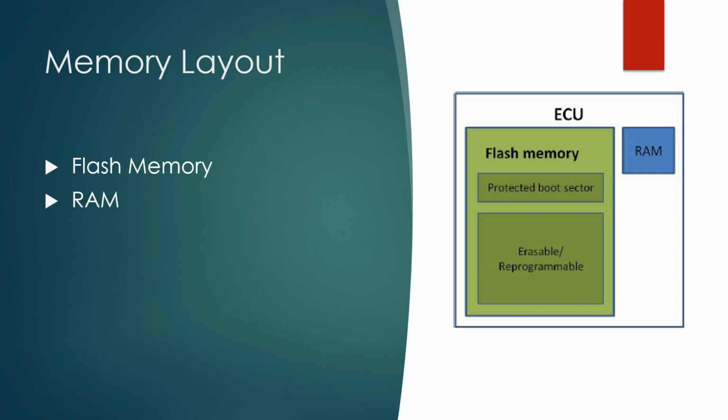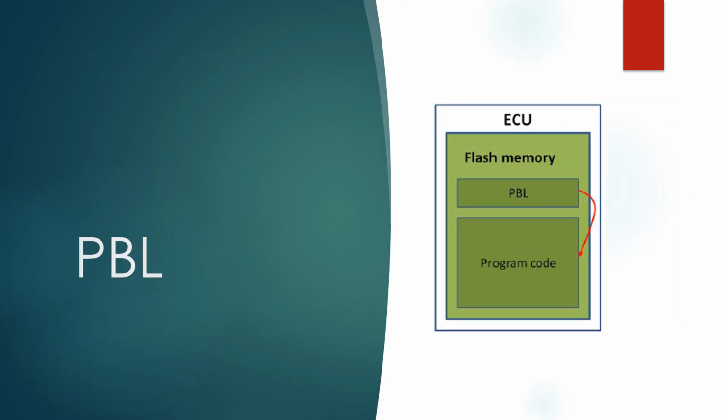We saw how the flash memory and the RAM are organized. In the ECU we have the program memory or flash memory, and then we have the RAM as well. Here we have the protected boot sector, and then the erasable and programmable sections, as described over here.